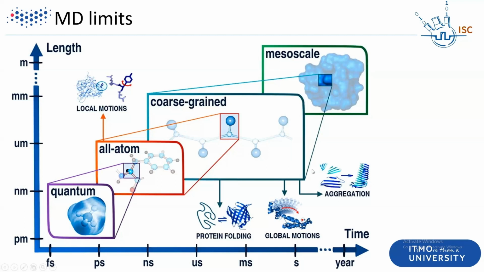The other variant of the molecular dynamics is the coarse grain, when you have the atomic representations which are approximated by the grain, some kind of dummy atoms, some kind of a grain structure.